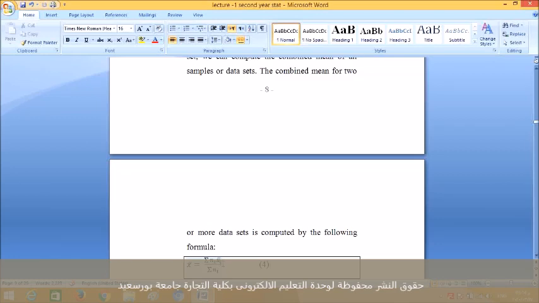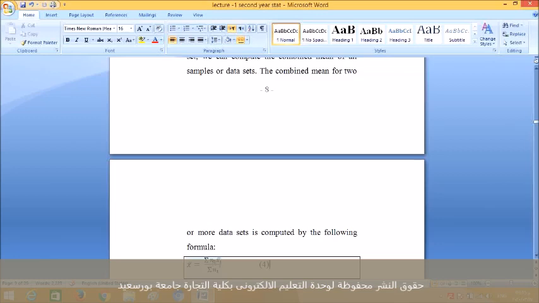So for every sample you have to compute x bar, and ni is the size of the sample. It looks like the weights in the weighted mean, right? So the size of samples, you can consider it as a weight.